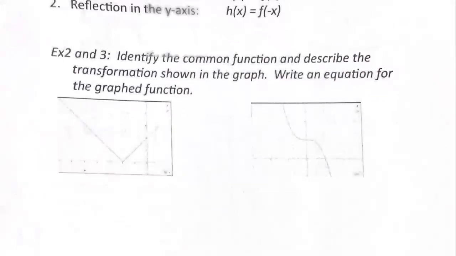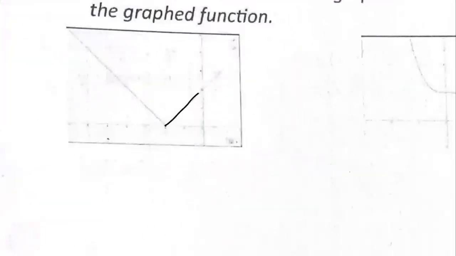All right, for this one, it says identify the common function and describe the transformation in the graph. Write an equation for the graphed equation. This graph is not as good as I was hoping for, but based on the picture, we know it's an absolute value function because it's a V. I'm hoping the one on your homework is a lot clearer than this picture.